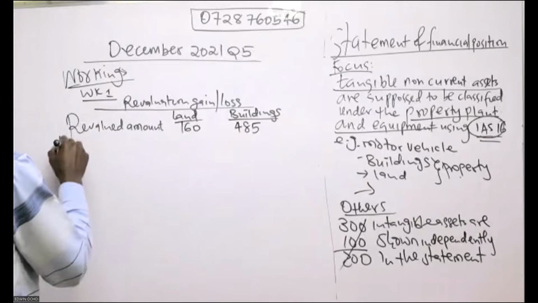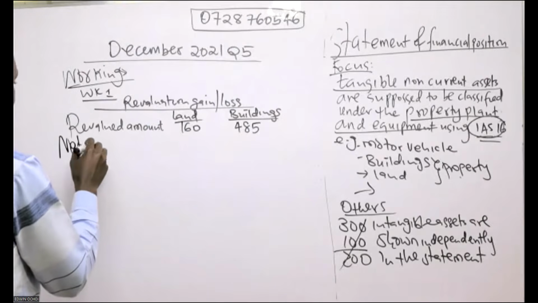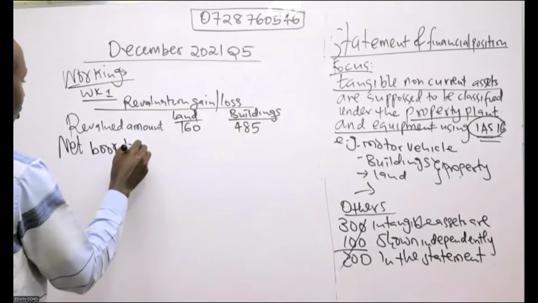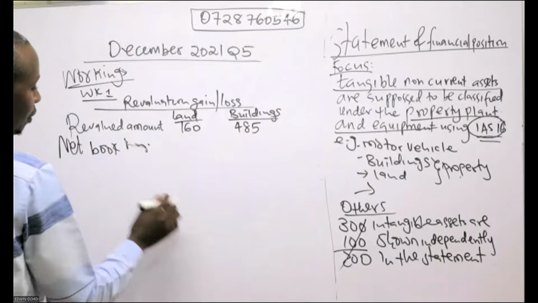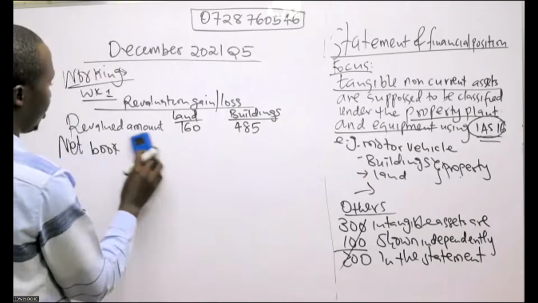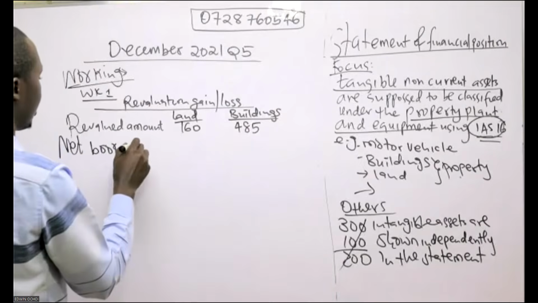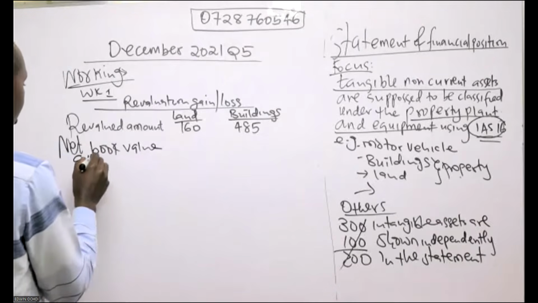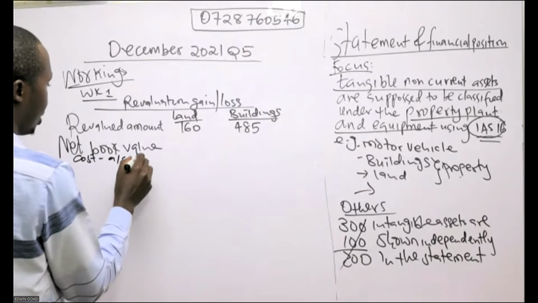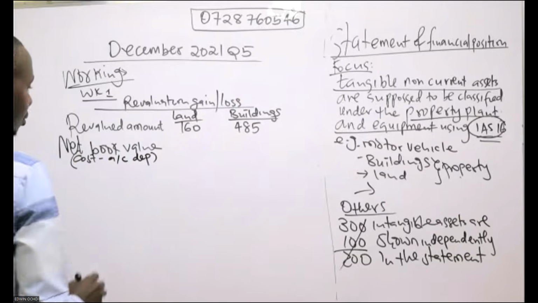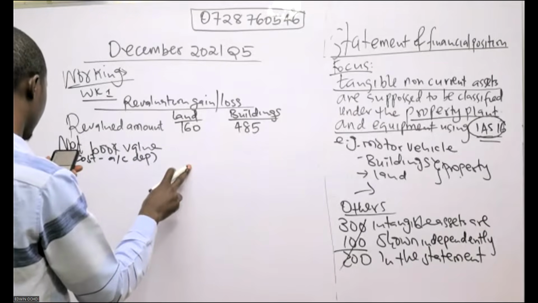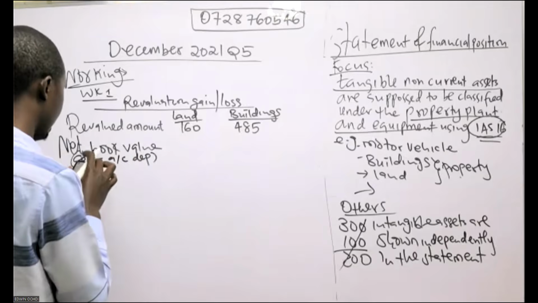Then you compare with the net book value. Remember, the net book value is all about the cost minus accumulated depreciation. But for land, we don't have to deduct depreciation. So you go to your trial balance.